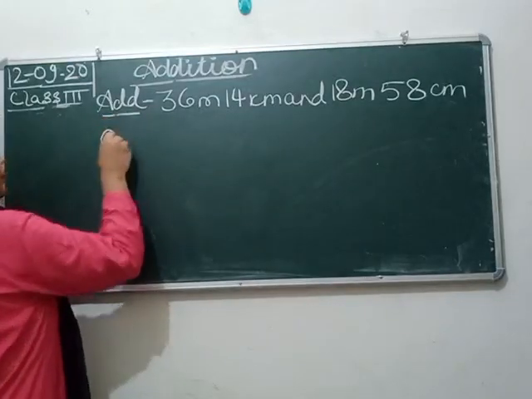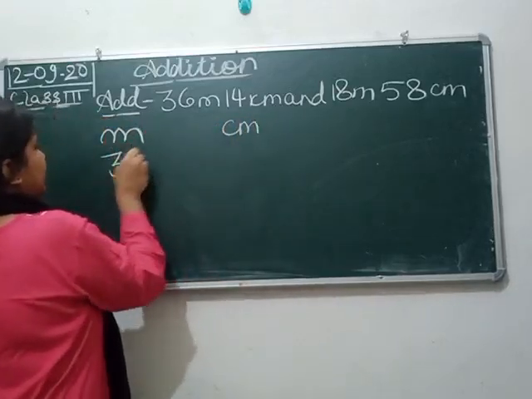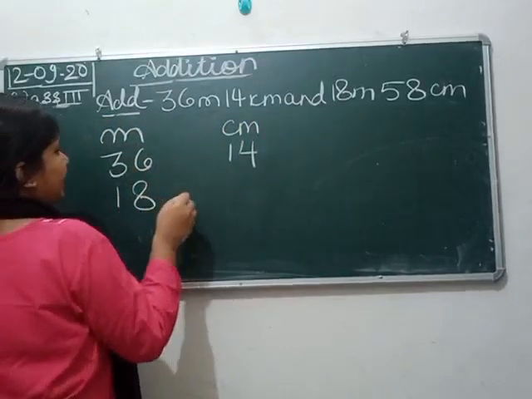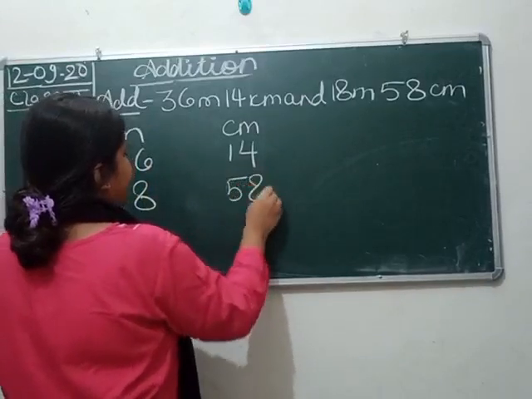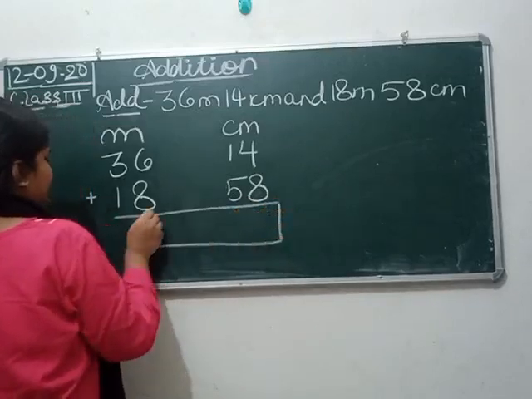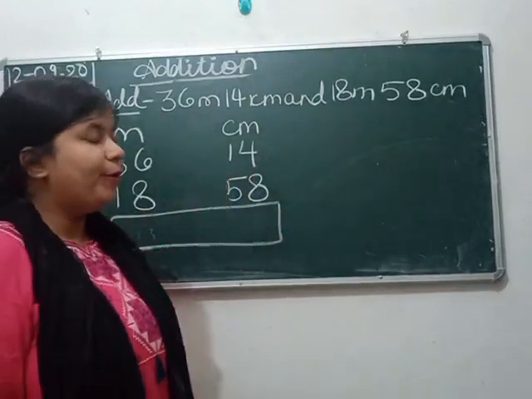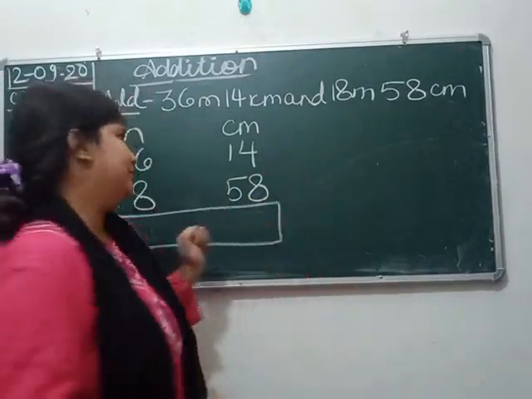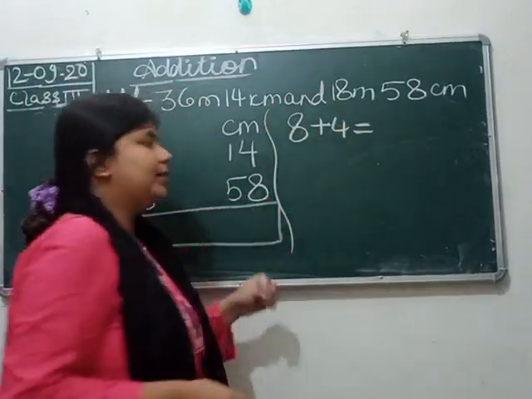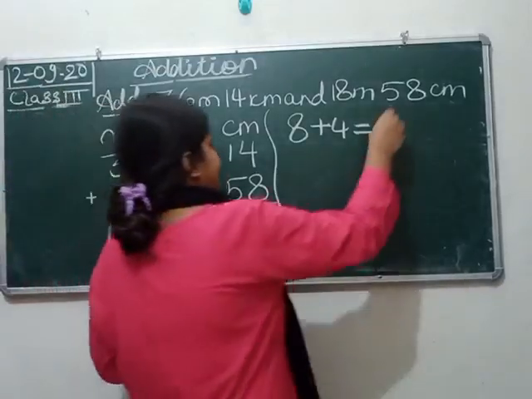Okay. So meter and centimeter. 36 meter 14 centimeter, 18 meter 58 centimeter, and then we have to add them together. Now 8 plus 4 is 12.